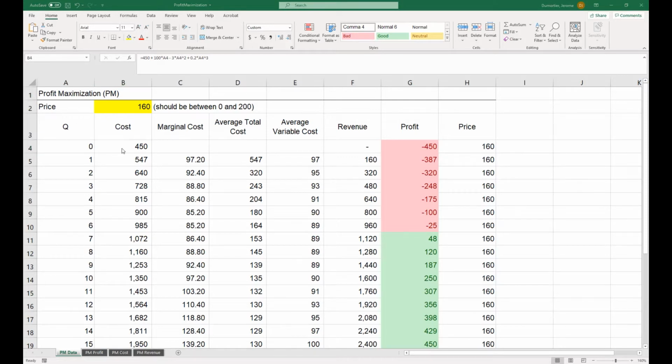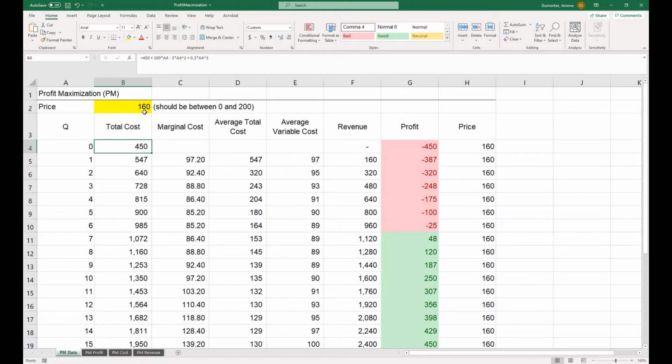So you can see that even if the output is 0, we are still stuck with the fixed cost of $450. And then as you start to increase your output, your total cost is going to increase as well, according to the equation. Let's just call this total cost.